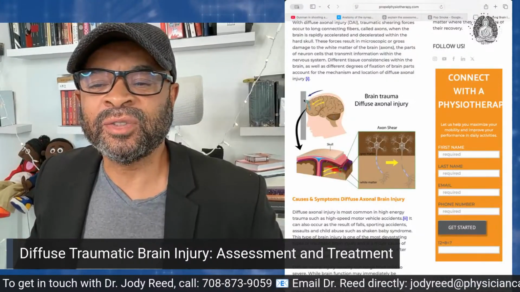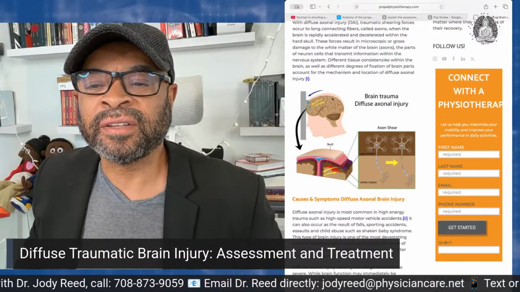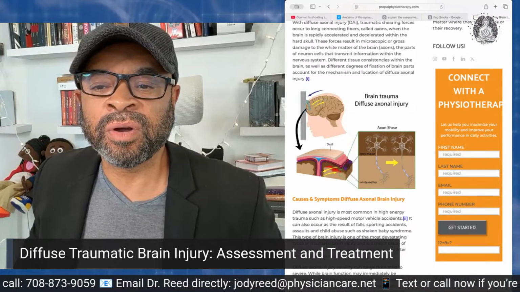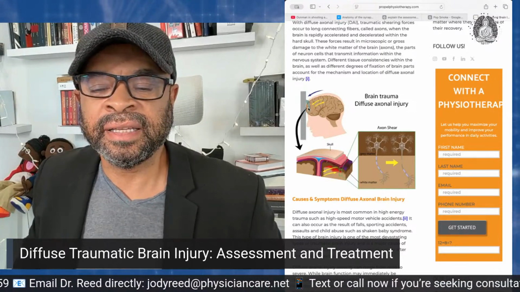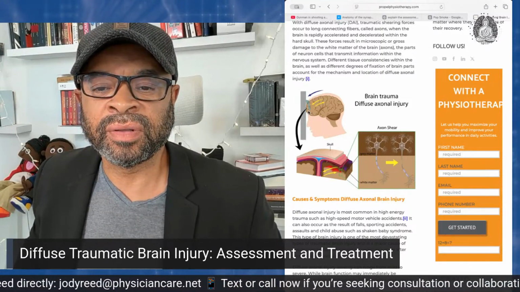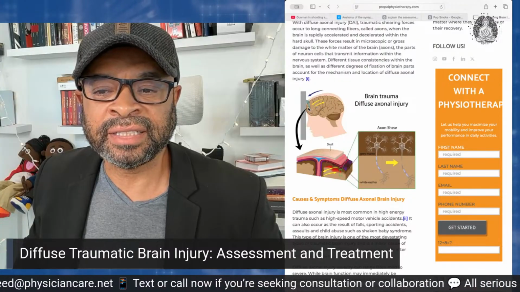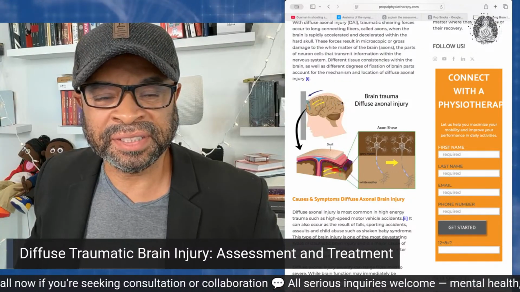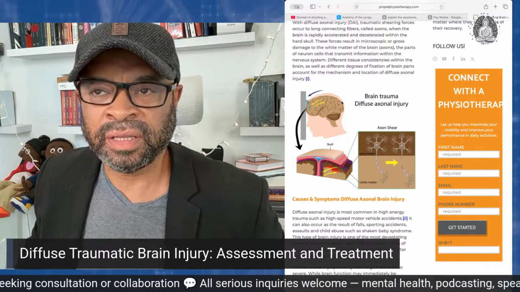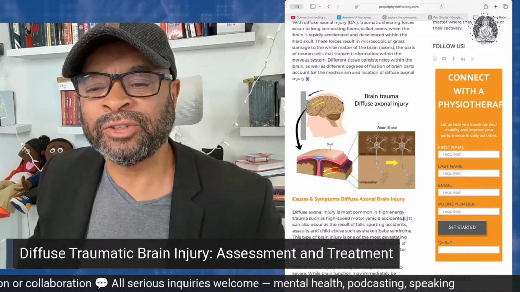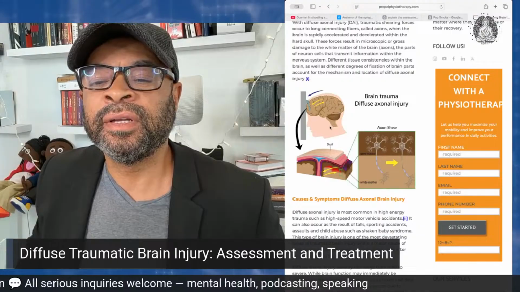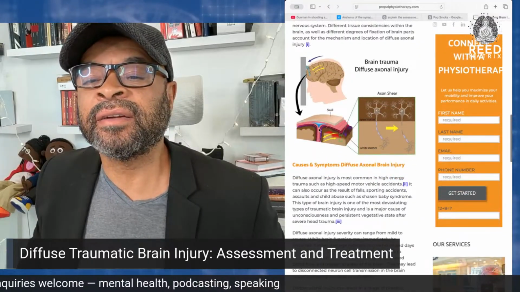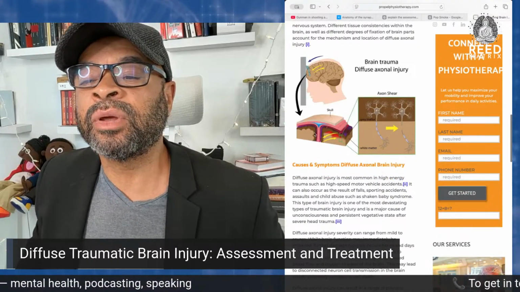Okay, here's the wall. Here's the brain pushing forward and hitting the internal surface of the skull. And just like gelatin, it pushes, comes back, and you can get a second injury when the sponge hits the back of the skull. Now look at all of these layers here that become disrupted.